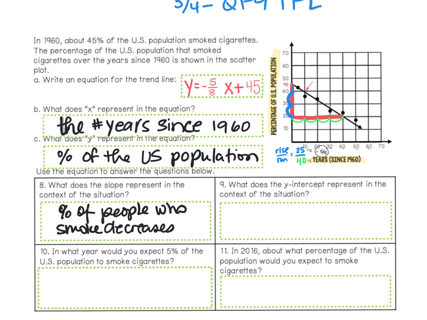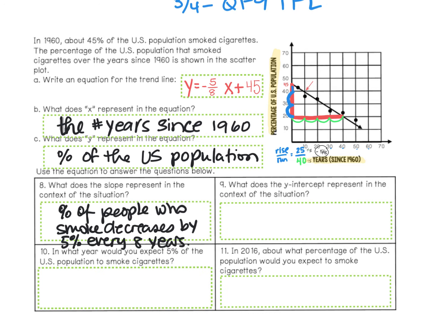And do you see how I'm using the slope itself, negative 5/8, decreases, that's the negative sign, by 5% every 8 years. Remember, your slope is y over x, percent of population over the number of years, 5% per every 8 years. So it comes directly from your slope.